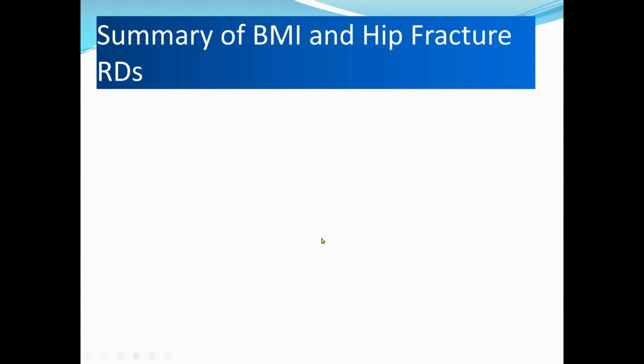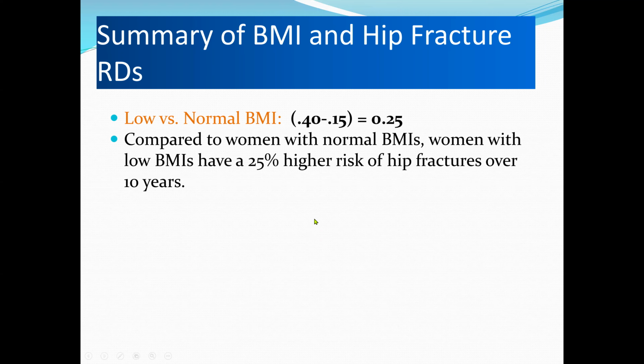So the summary of BMI and hip fracture result: we saw the low versus normal, it was 0.40 minus 0.15. So we compare, and since it's positive 0.25, it's 25%, which means the exposure or the risk factor has an effect on the disease.